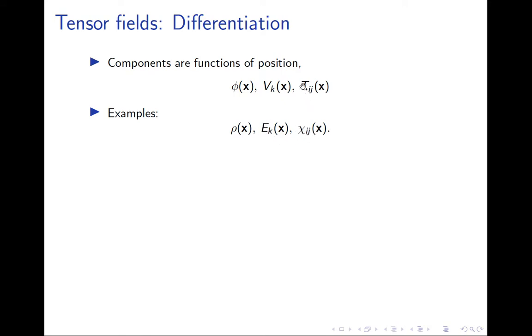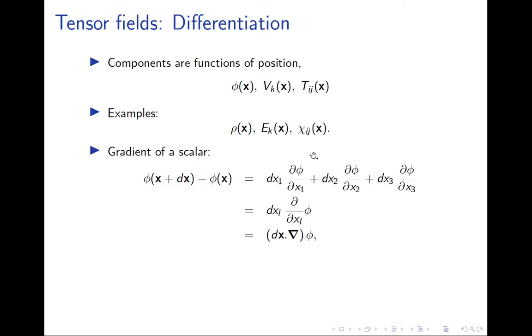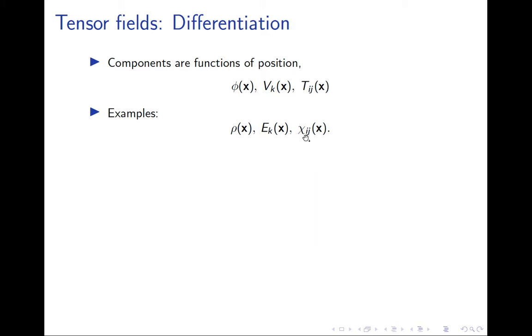And for the rank 2 tensor field, if we have a dielectric, we will see that we can define a susceptibility tensor, chi of ij, at each position in the dielectric. Of course, if it's a uniform dielectric, then at all points the value of this is the same. So it's a constant function.